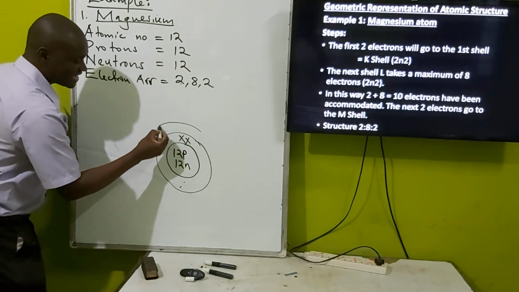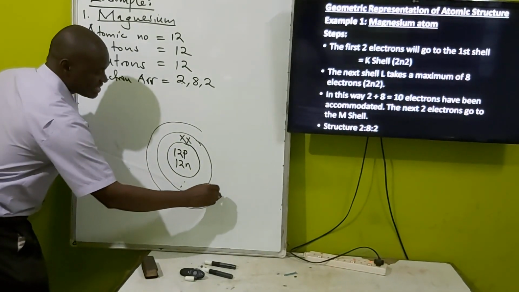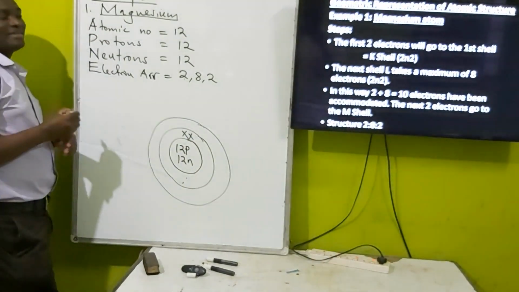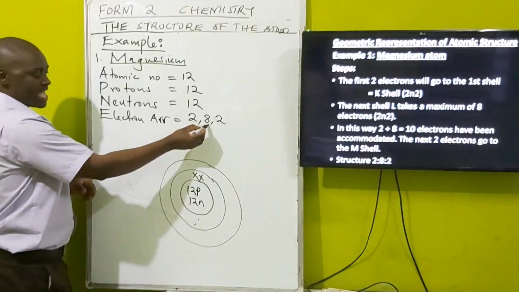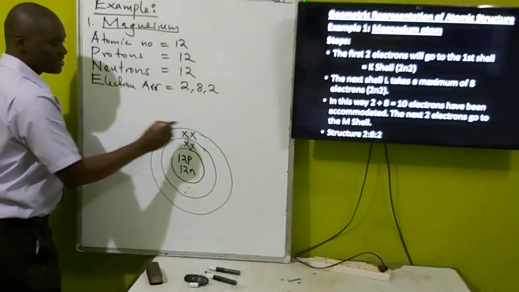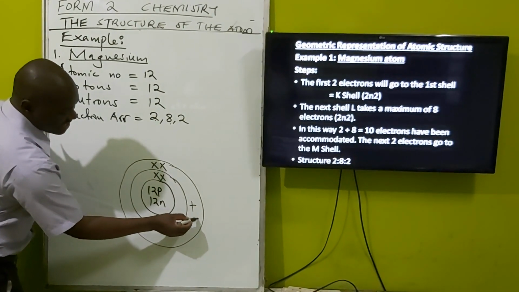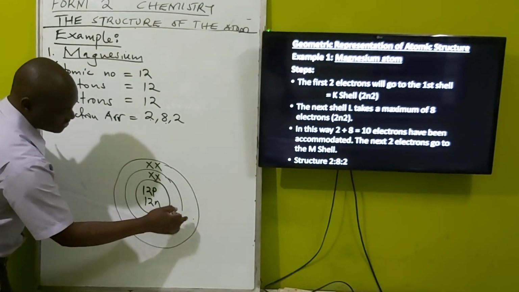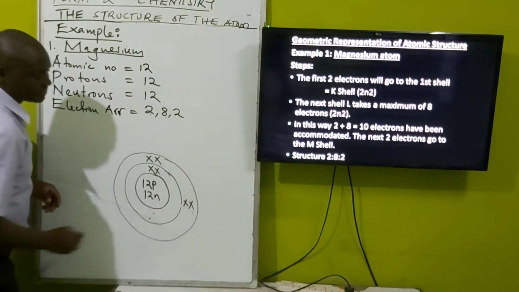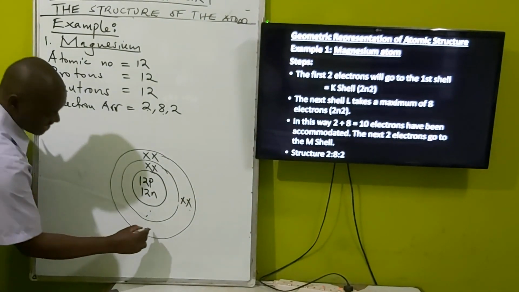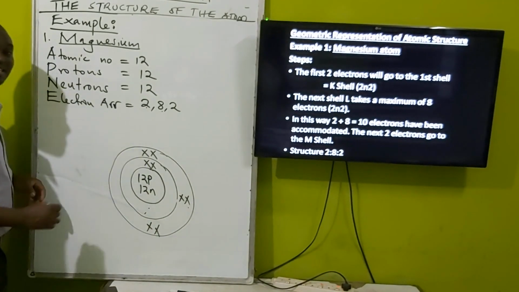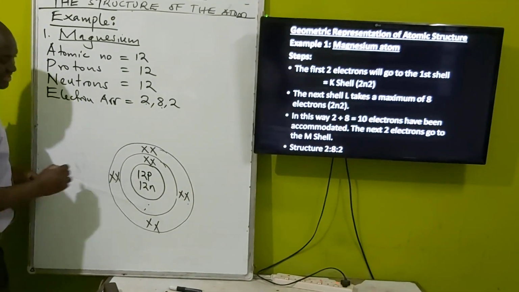Then we draw our second energy level. How many electrons? 8. So we have 2 electrons, then another 2 electrons, then another 2 electrons, and another 2 electrons.